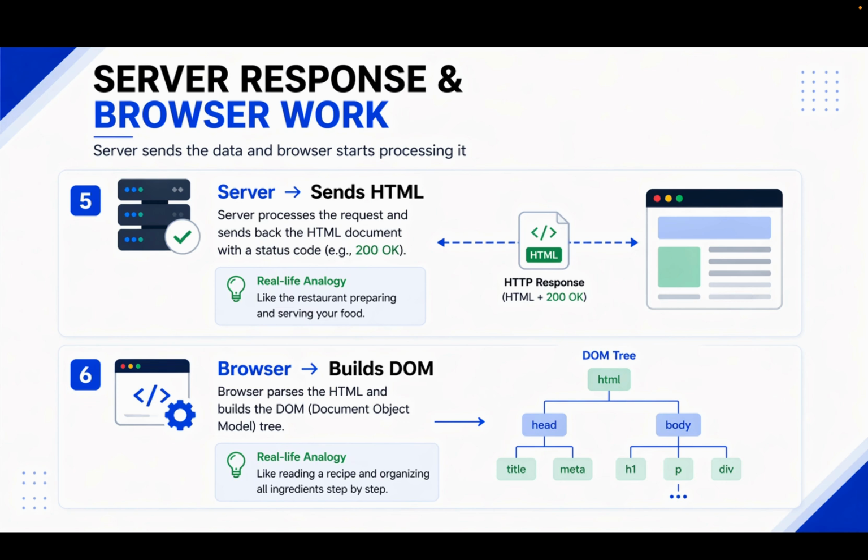Which means successful. Once the browser receives the HTML, which is basically the structure of the web page, I hope you understand basic HTML at this point. HTML basically means the overall structure of a web page. At this point, the browser starts to read the HTML from top to bottom.